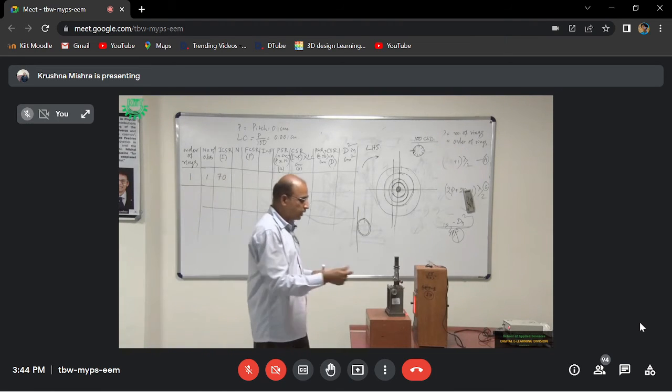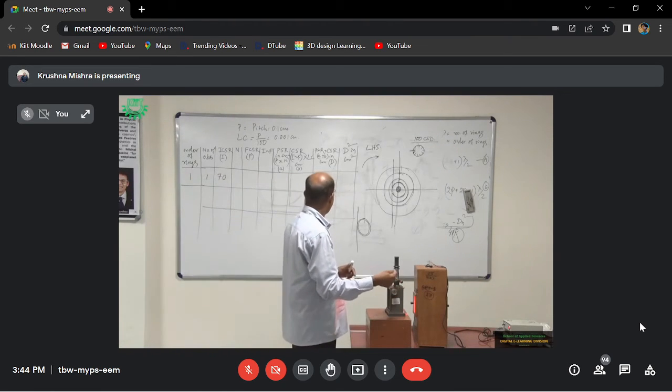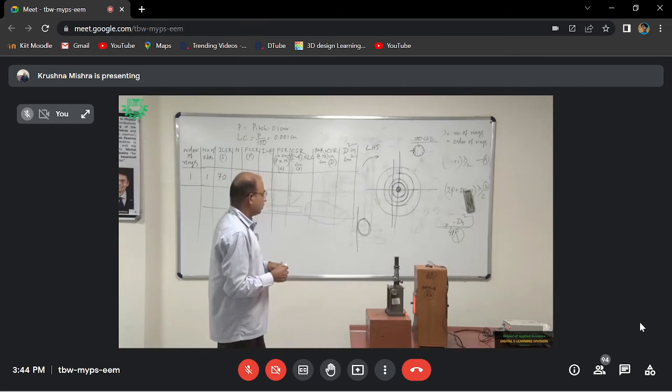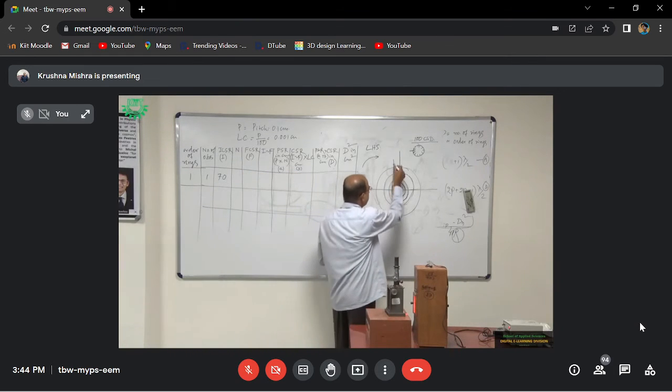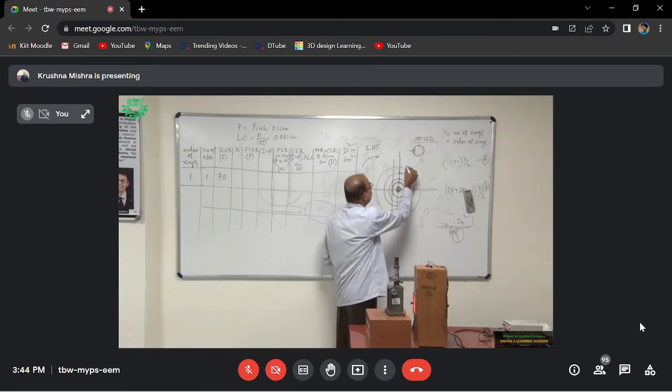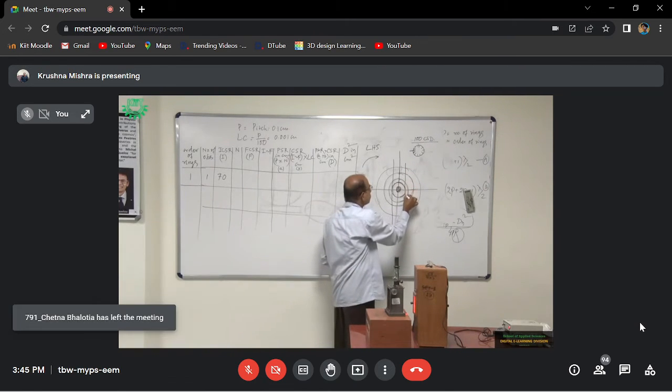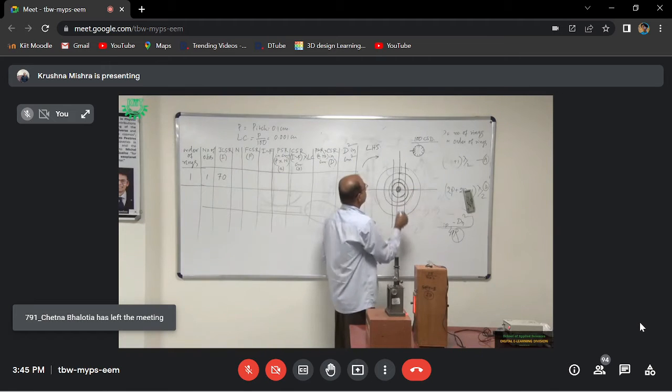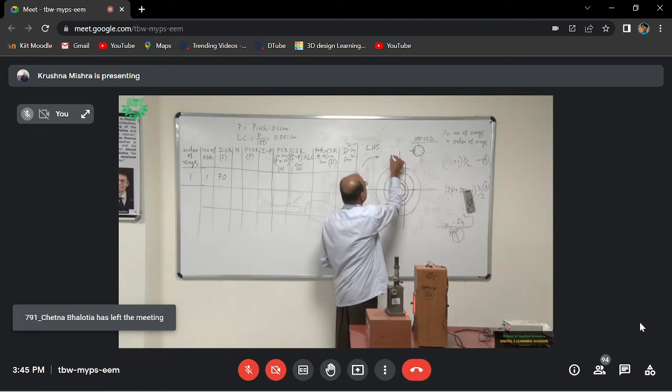Then I will rotate this in the opposite direction, because I have to take this vertical crosswire to the right hand side and keep it tangential again at the outer periphery of the same ring. So this is left hand side.